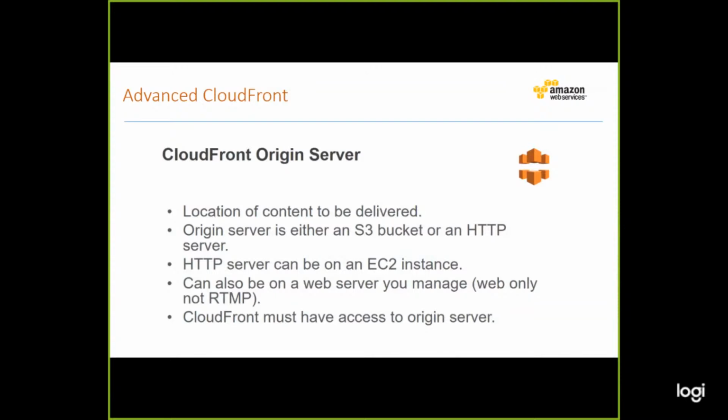So what is the difference between the CloudFront origin server and the edge location? Edge location, we just said, is the server or the hub available for you to use. But the origin server is the location of your original content.